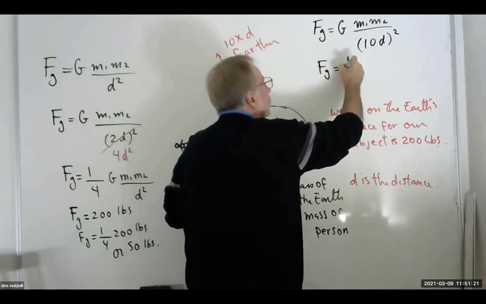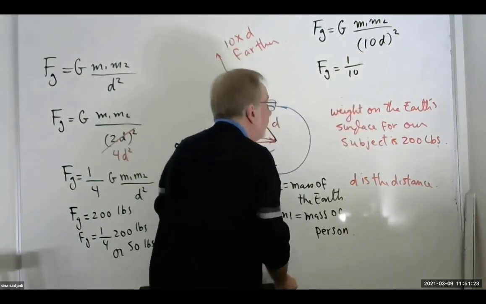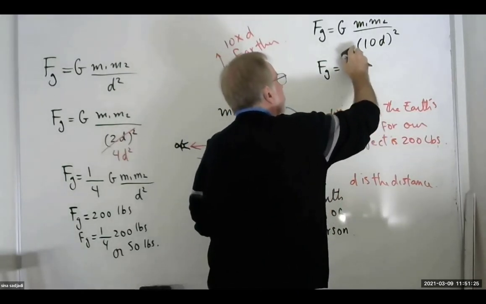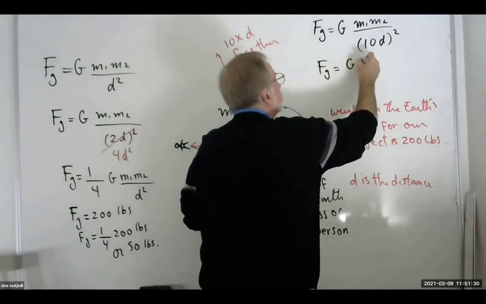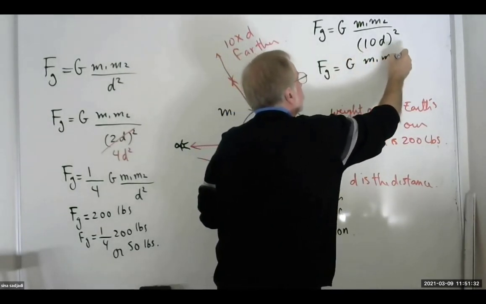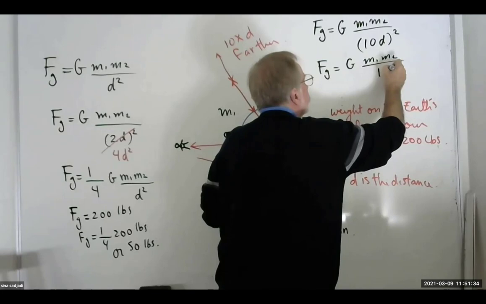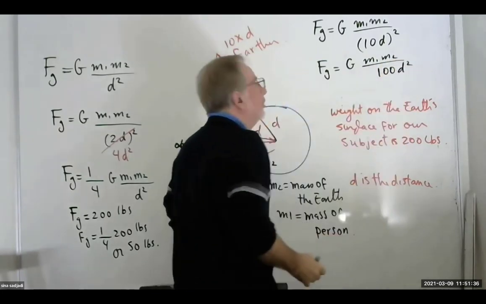So this would be 100th. Let me write it out so you guys don't get confused: G times M1 times M2 divided by 100D squared.